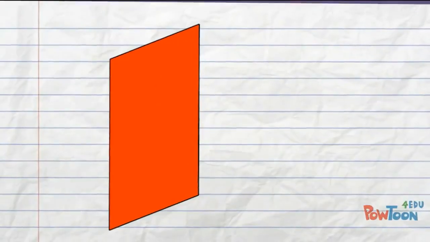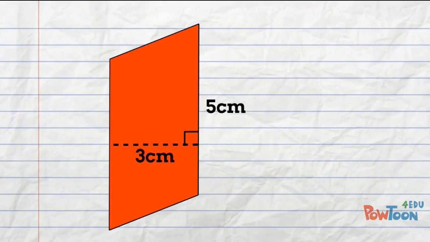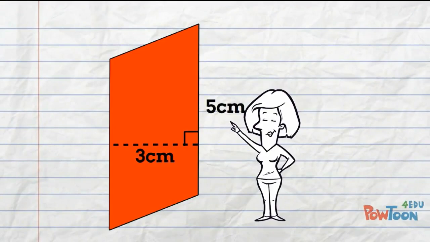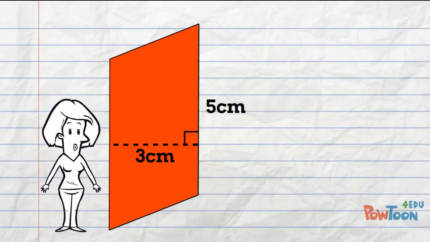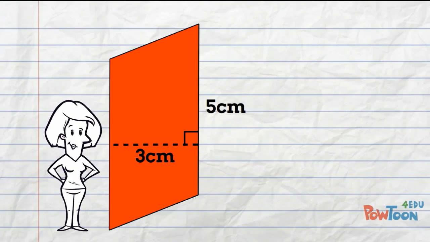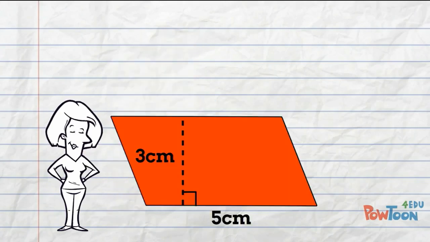What if the parallelogram looks like this? This time, the base measurement is on the side, and the height seems to be going horizontally. What's up with that? Guess what? It doesn't matter. As long as you are forming a right angle with the base and a height, you're good to go. This is the same as this.